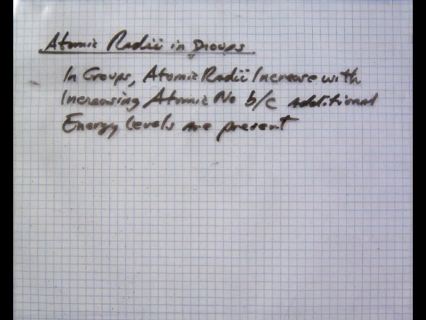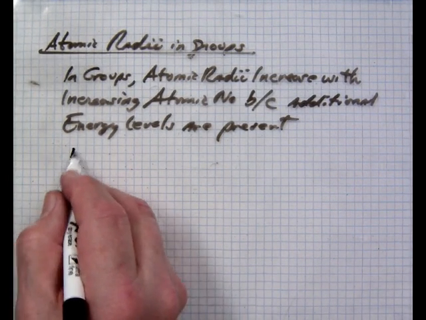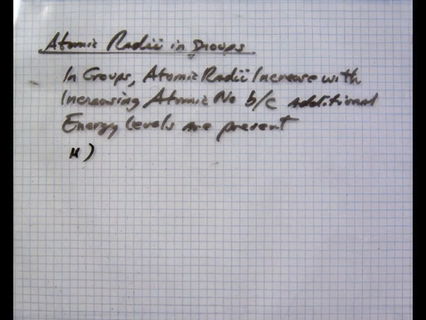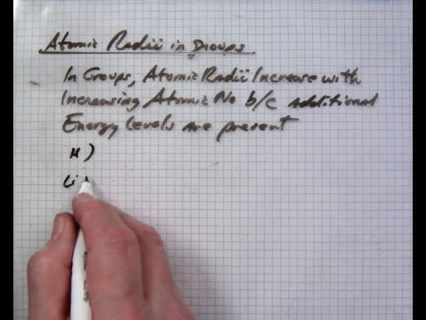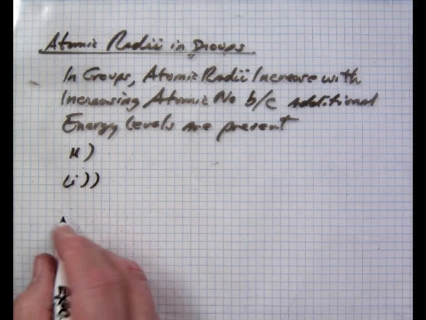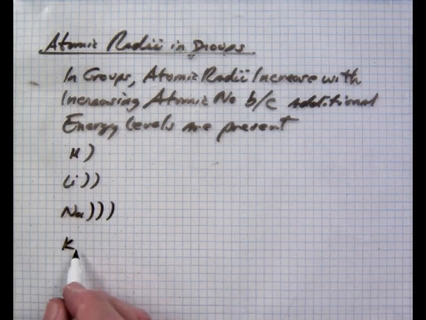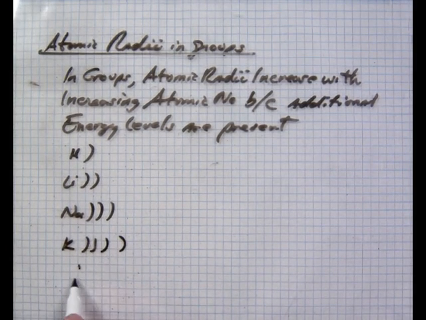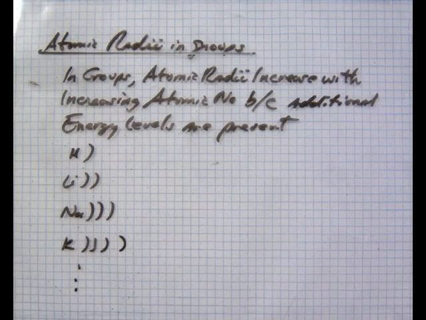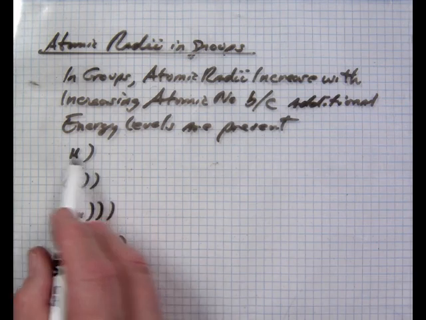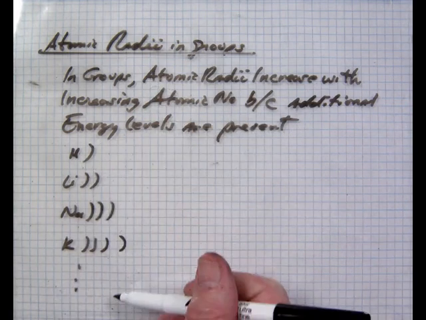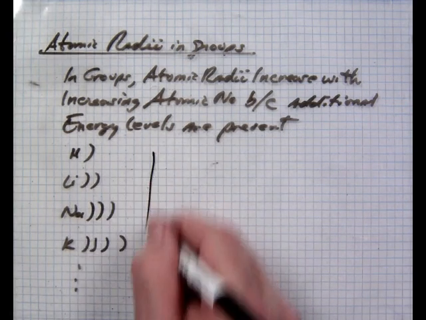So in the simplest format, we go from hydrogen, which has one ring, lithium, 2, and then to sodium, 3, potassium, 4, and so forth. Rubidium, 5, cesium, 6, francium, 7. So the radius is increasing with increasing atomic number.